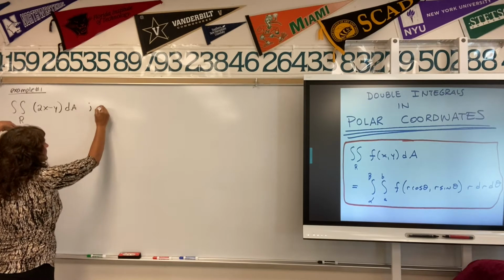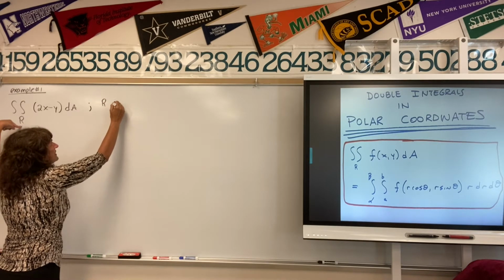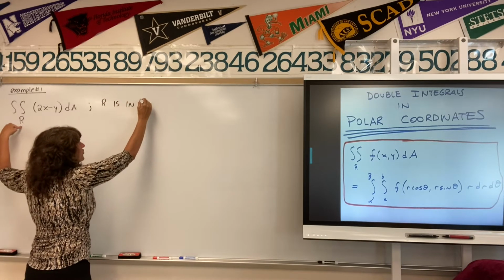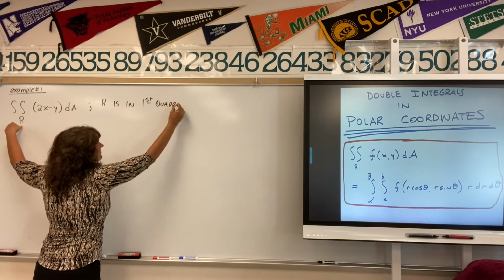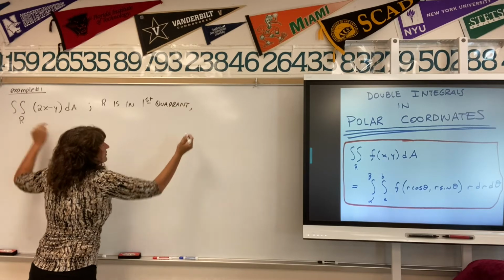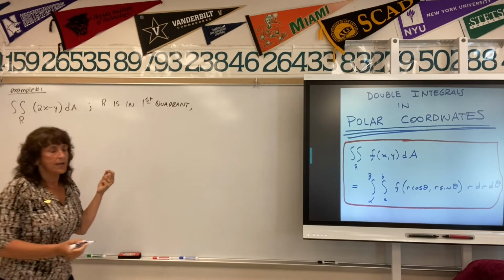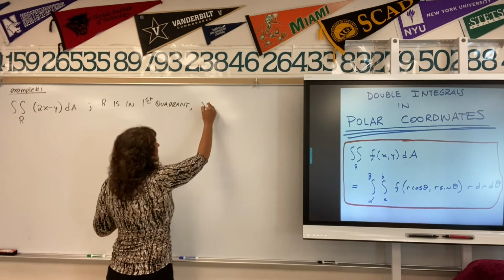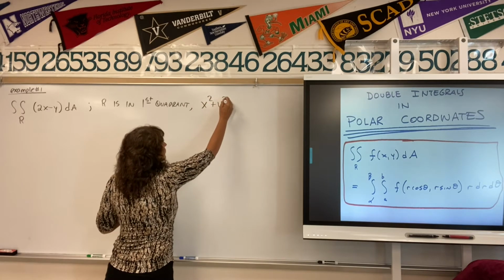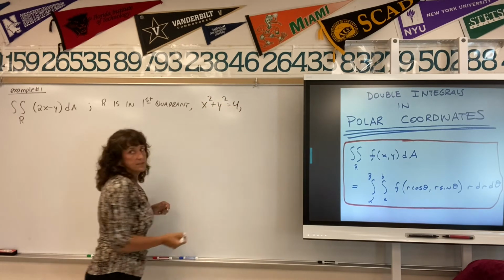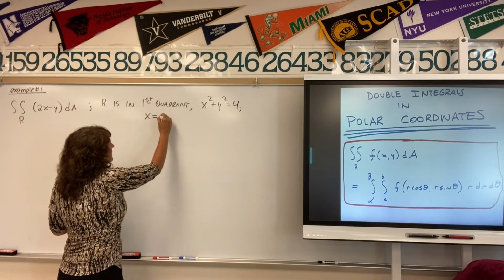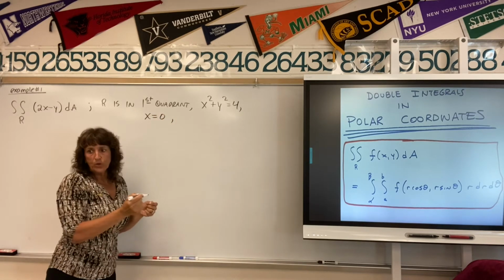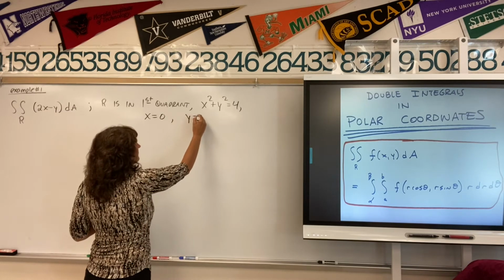For this example, R is in the first quadrant. We're going to use the disk x squared plus y squared equals 4, we are going to use x equals 0, and we're going to use y equals x.